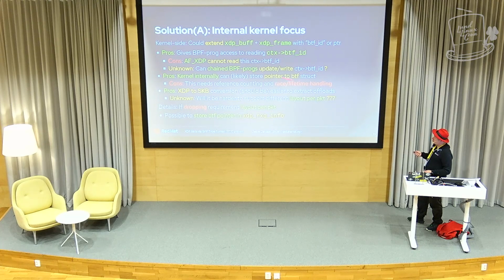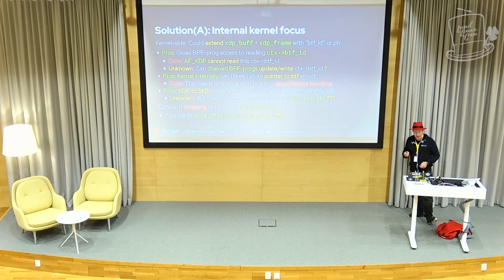Internally, it's good because we can store a pointer directly. We don't have any lookups, though we do need to handle some lifetime issues. It helps the XDP to SKB conversion, so that's nice. But if we store a direct pointer, how do we handle different layouts if the packet layout changes a lot, or once we want to change it?